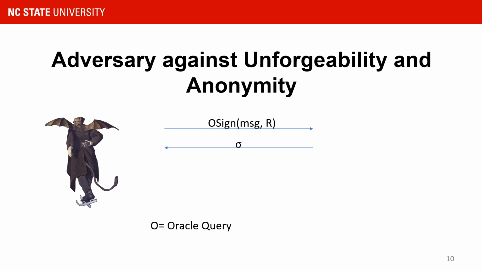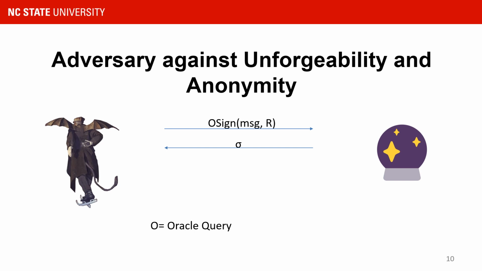And so basically we want to ensure that no adversary can forge signatures if they don't have a secret key, and that no adversary can de-anonymize honest users. The adversary is going to be able to access some oracles. For example, you might want the adversary to be able to make O-sign queries, oracle queries on signatures, where the adversary just sees as many signatures as he can on messages of his choice.